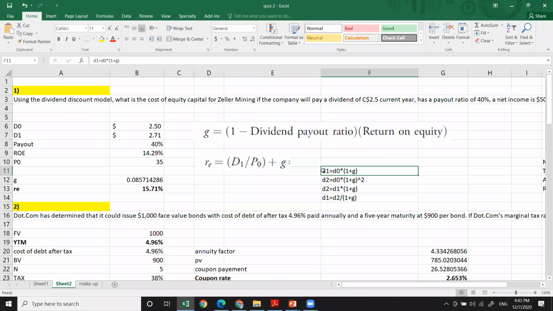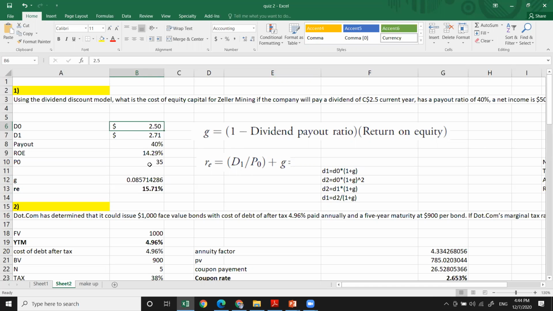In order to find D1, it is D0 times 1 plus G. To find D2, it is D0 times 1 plus G to the power 2. Or if you're finding it through D1, D2 is equal to D1 times 1 plus G. G we estimate through the formula with the dividend payout ratio and return on equity. D0 was given as 2.5, which is multiplied by 1 plus 8.5%.